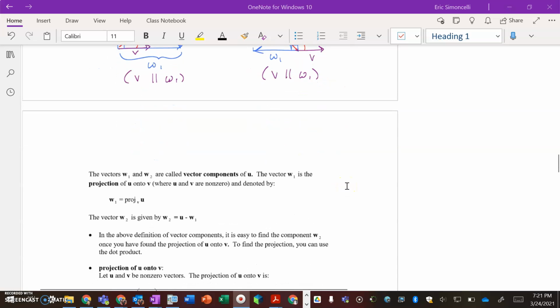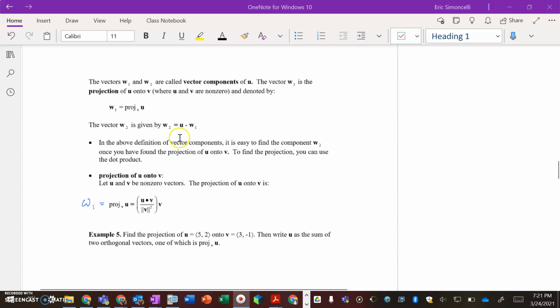And as we continue, note that the vector W2 is given simply by the difference of U minus W1. We discussed earlier that W1 plus W2 is equal to U, so it makes sense that W2 is the difference of U and W1. In the above definition of vector components, it is easy to find the component W2 once you have found the projection of U onto V, which again ends up simply being W1.